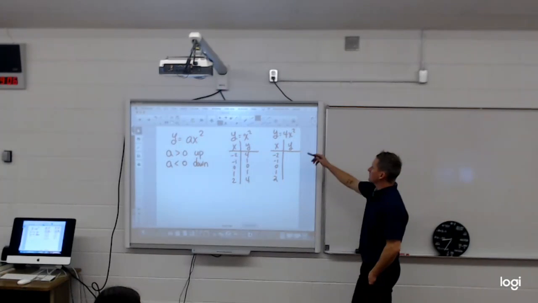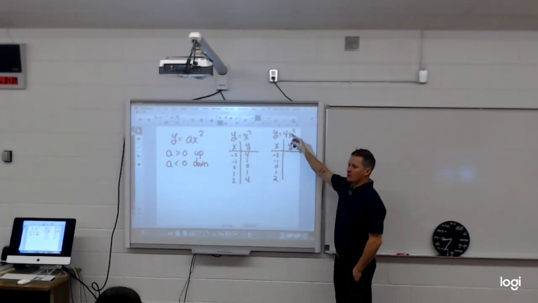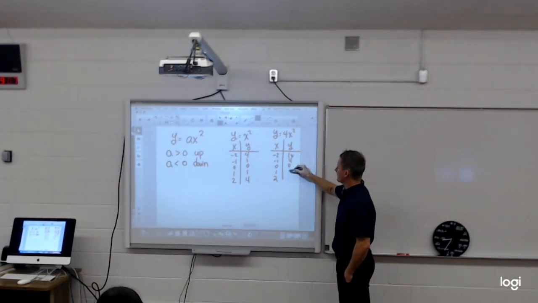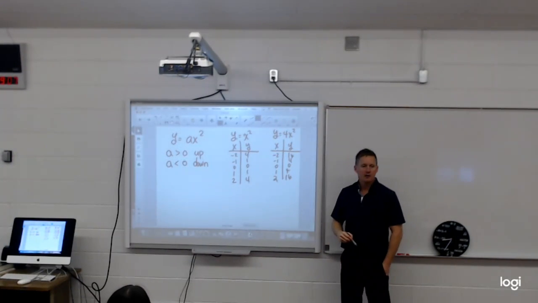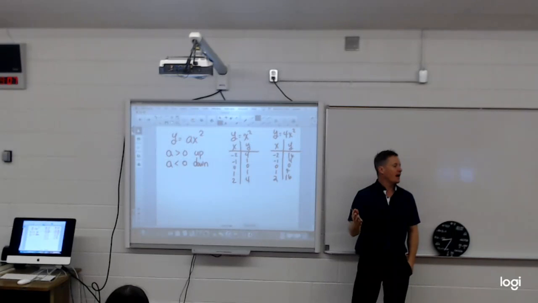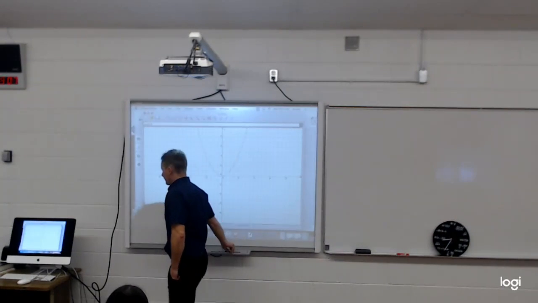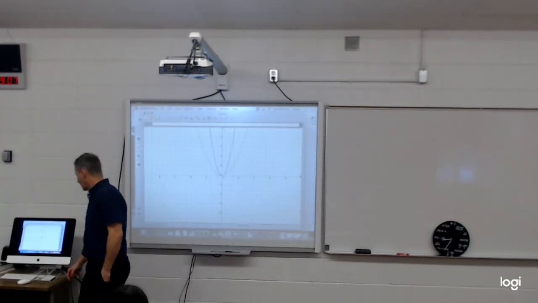Because what am I essentially doing? I'm taking whatever x squared was and then multiplying it by 4. So this would be 16, 4, 0, 4, 16. Right? So it's actually going to open up quite a bit faster, which therefore gives us a much narrower graph.